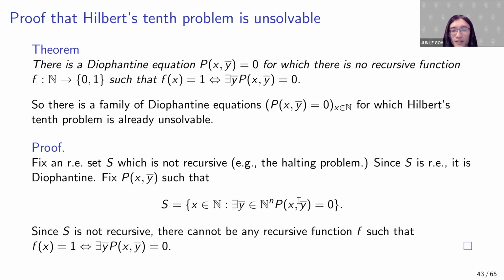Otherwise, if there's no solution, it should output 0. That's the characteristic function of S. Since S is not recursive, its characteristic function is not recursive. So there cannot be a recursive function that determines whether each of these equations is solvable or not.